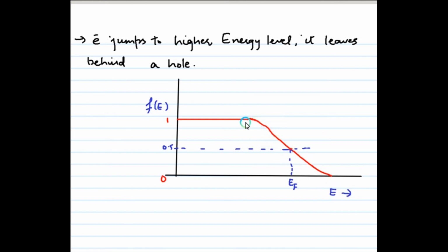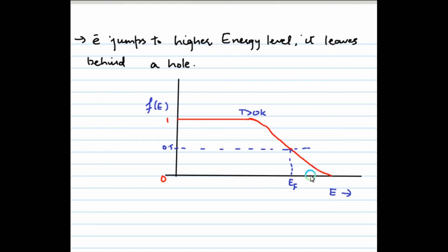Okay, now since this distribution function has changed for T greater than 0, how will our other function, 1 minus f of E, look like? We'll argue that as the electrons jump to the higher energy levels for temperatures greater than 0, a hole is equally created.